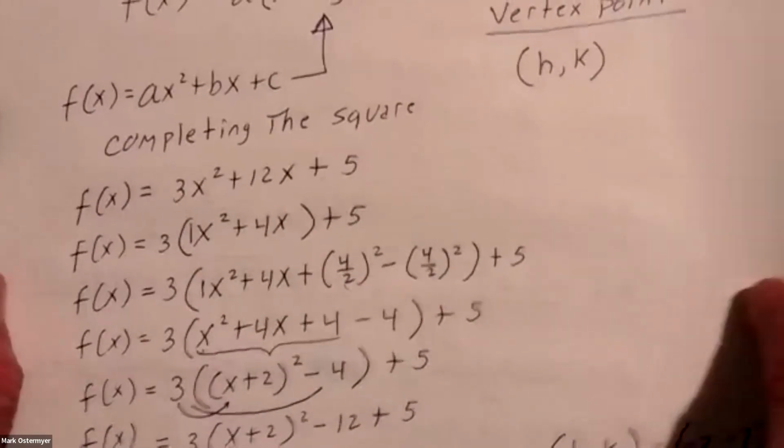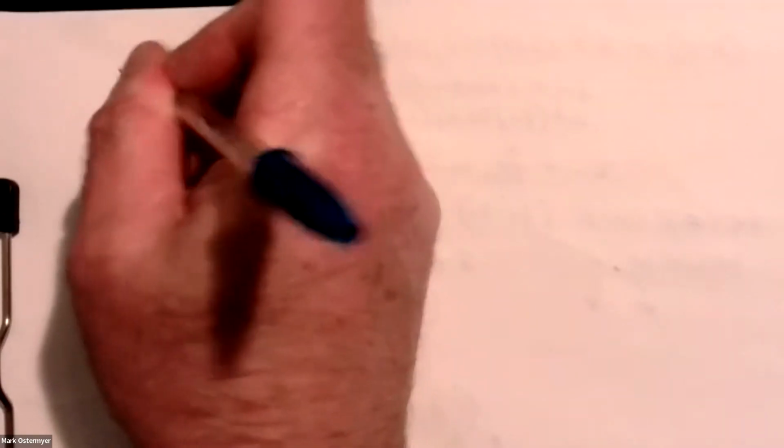All right, now, as far as the x-intercepts are concerned for a quadratic function, there are going to be a couple of different possible cases that occur. And in fact, there are going to be 3 possible scenarios as far as x-intercepts.